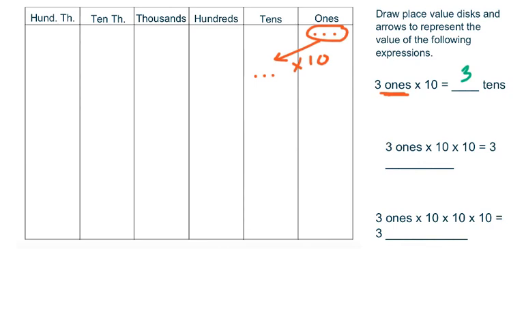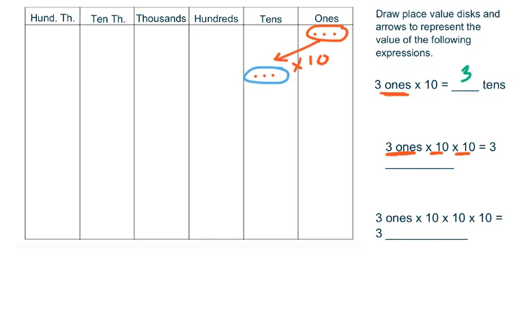Okay, let's build on that now and let's look at the second problem. We now have 3 ones times 10 times 10 equals 3 what? Alright, well, I know that 3 ones times 10 is 3 tens, or 30.